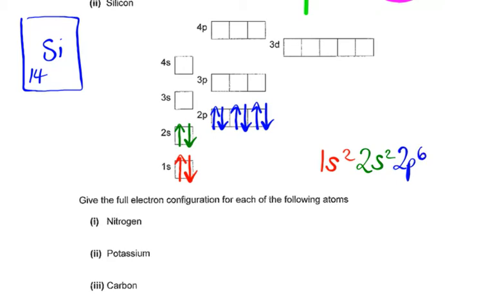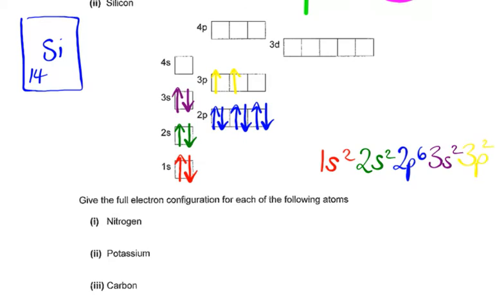So 4 more remaining. We can fill the 3s2. So that's 12 electrons, 2 remaining. We're moving to the 3p subshell. 1 there, 1 there. So 3p2.